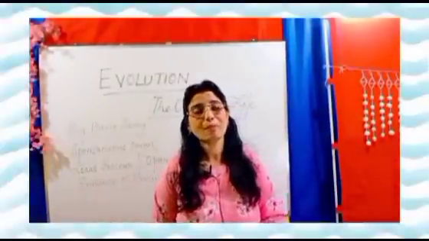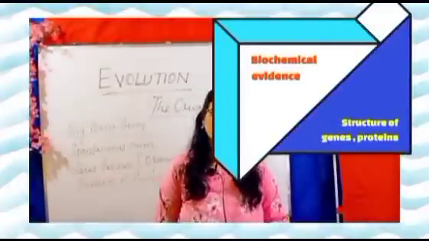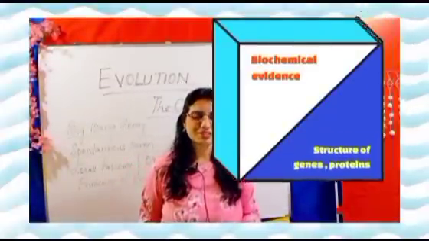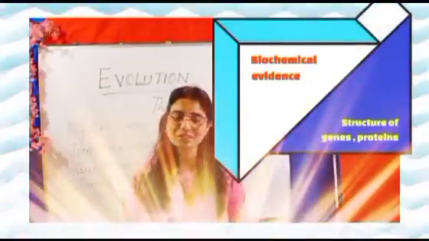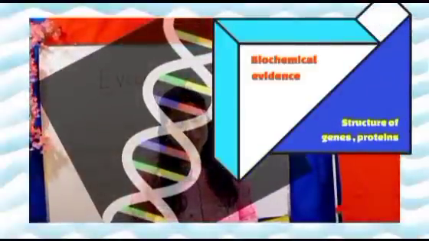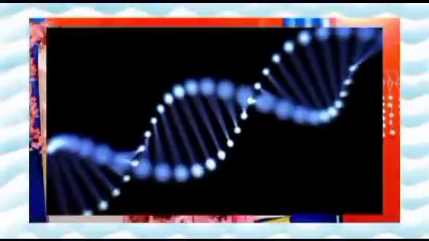Now the study of biochemical evidence. Let's say the structure of the genes and the proteins. Say there are some similarities in the proteins and the genes which are performing a given function among a diverse group of organisms, and that will hint us about the common ancestry.